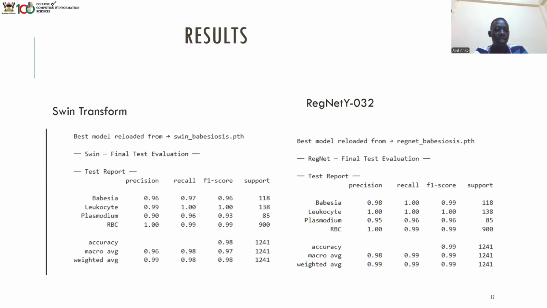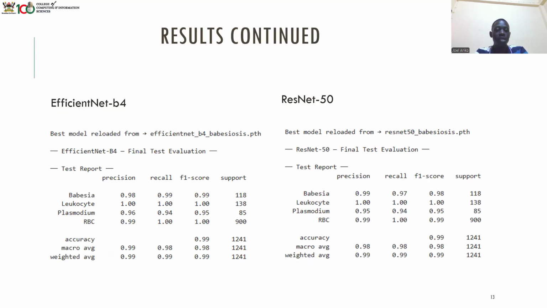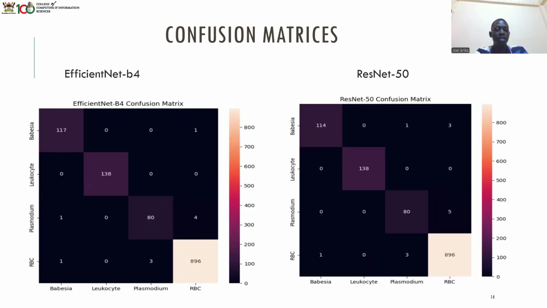Then for the Swin transformer, it has 98%, while the RegNet had 99%. So basically, these models outperformed the Swin transformer by 1% actually.